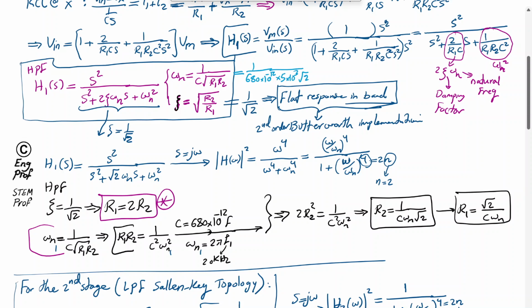Here we have roughly 10 to the 3 and 10 to the negative 12 becomes 10 to the 9, and then 5 times 7 roughly gives 3,400, and then root 2.